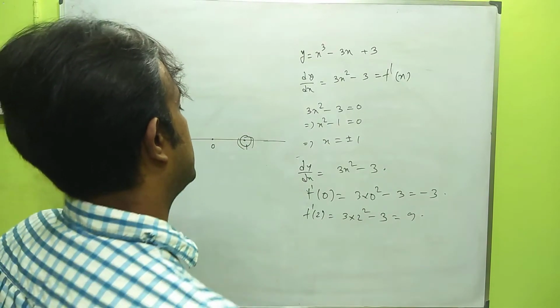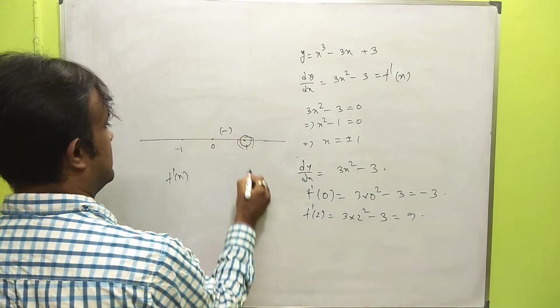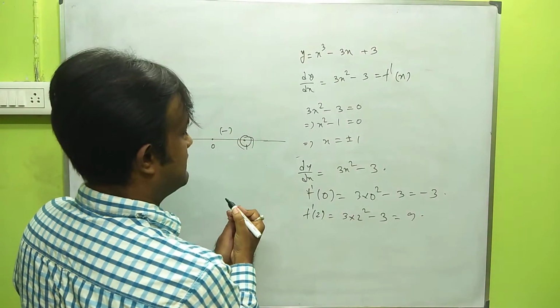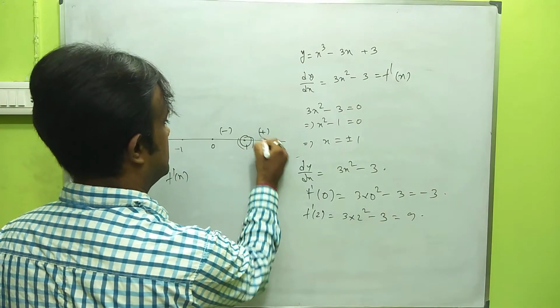So the sign of f'(x) with respect to 1 on the left side of 1 is negative and the sign of f'(x) on the right side of 1 is positive.